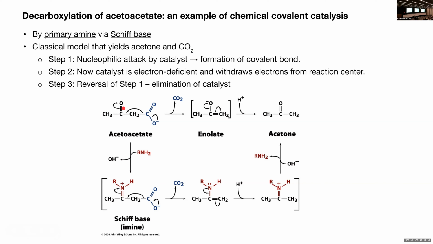Besides, this carbon is part of a ketone group with a double bond, so it's more susceptible to any kind of nucleophilic attack. So it'll replace this oxygen and form the covalent bond now. This is not the enzyme, I'm sorry, it's the catalyst. And this is the substrate, right?